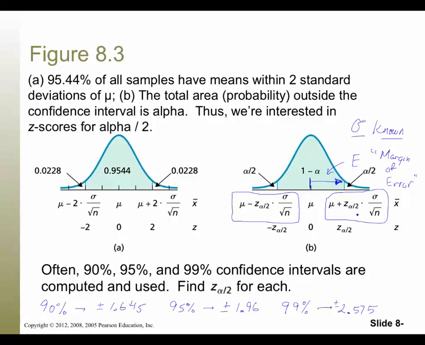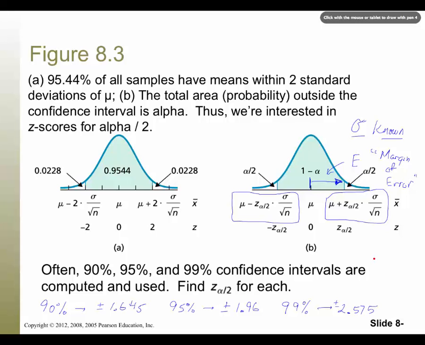I think you guys are saying the same thing. You want the z times the standard deviation of the sampling distribution. Everything but the mu. All right, so I'll do that in red.